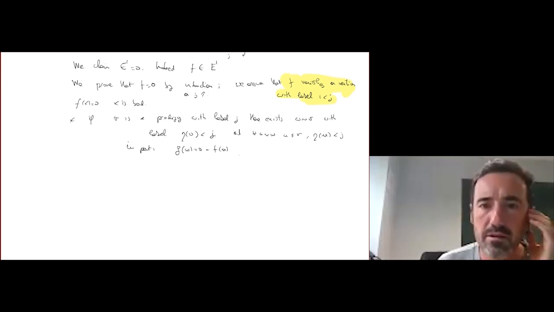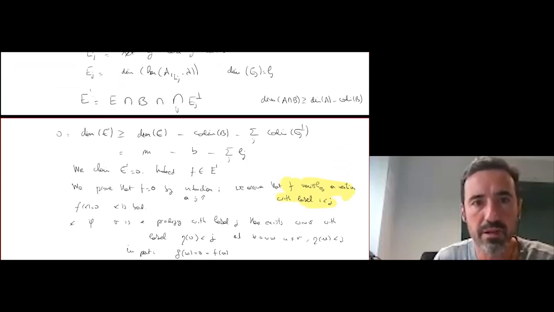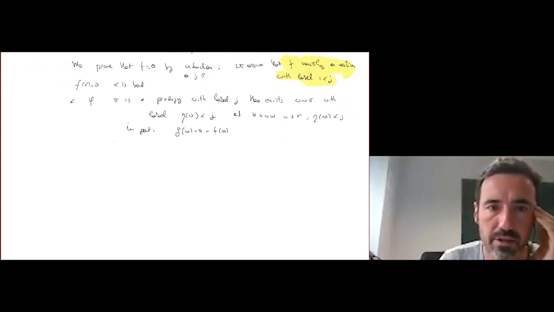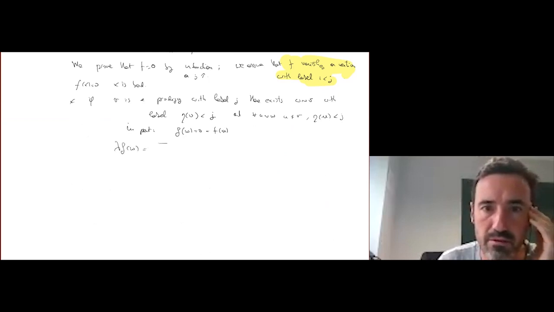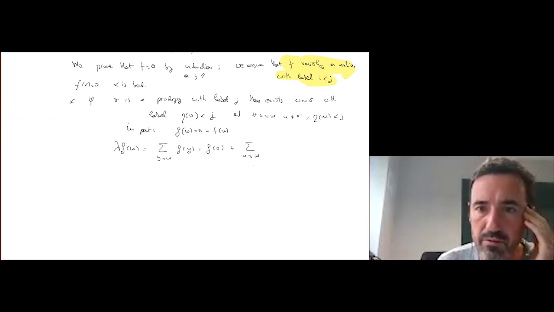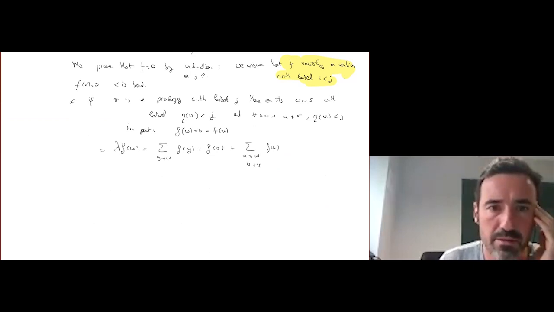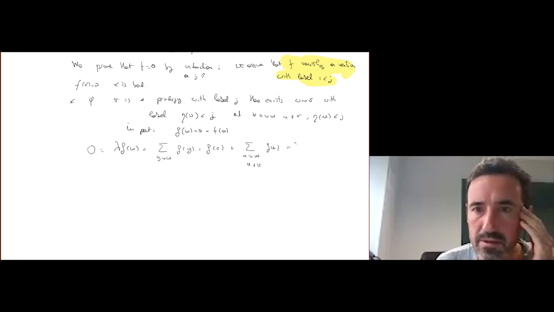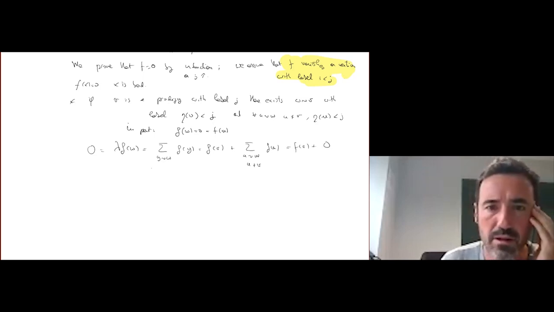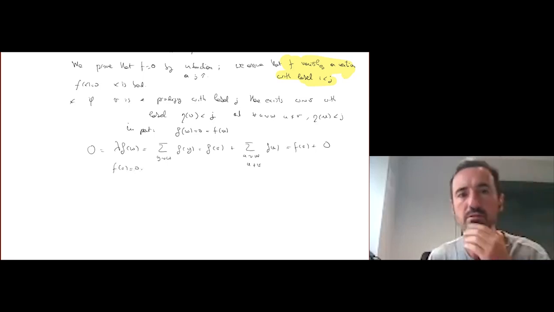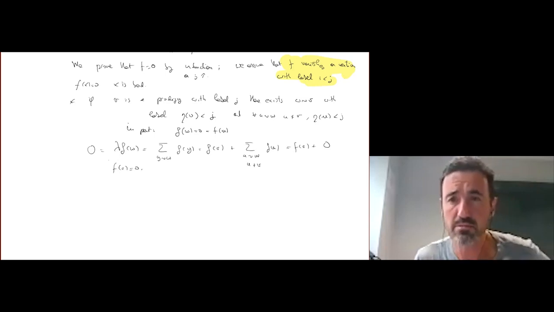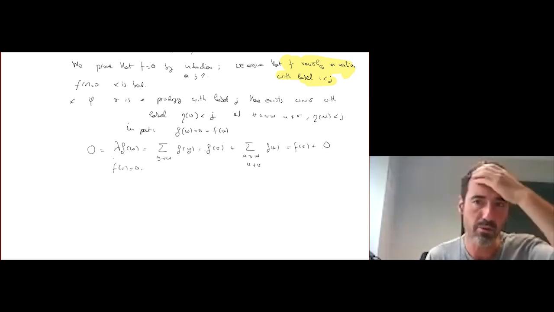We write down the eigenvalue equation, since f is an eigenvector because f belongs to E. We have that lambda f of w is equal to the sum over all y neighbor of w of f of y, which is equal to f of v plus the sum over all u neighbor of w, u different from v, of f of u. By assumption, this is 0 because f of w is 0, and this is f of v plus 0. So f of v is 0. So we have proved, using our recursion assumption, that f vanishes at all prodigies with label j.